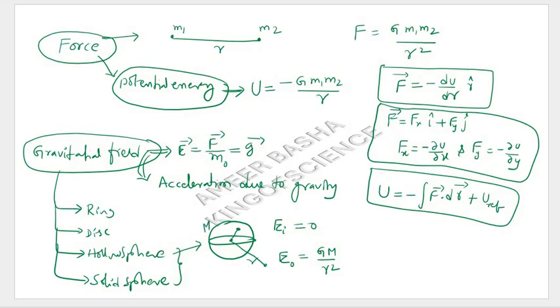Okay. Then what about a solid sphere? For a solid sphere, we can think of it as the earth. What is the answer for inside points? What is the answer for outside points?